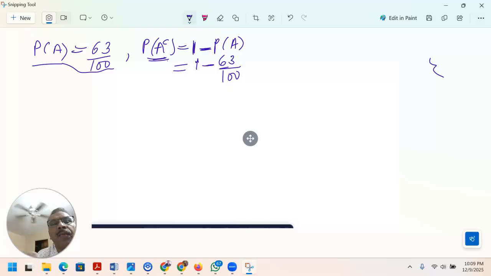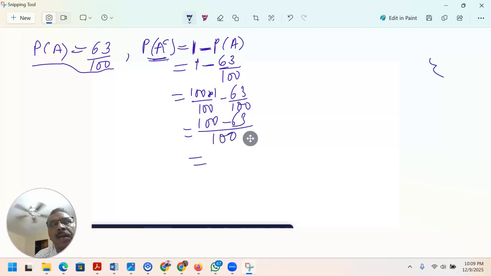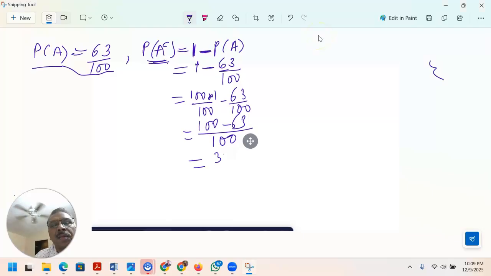If you multiply and divide by 100, the denominator is the same, and it is 100 minus 63, which is 37, so 37 over 100.